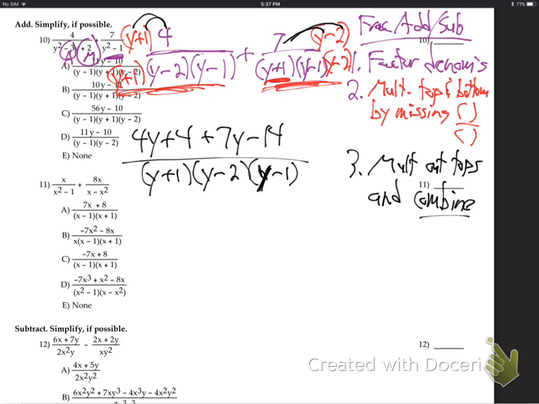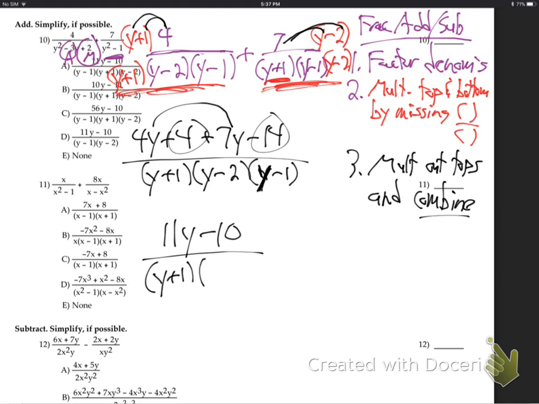Okay, combine now. 4y and 7y is 11y. 4 minus 14 is minus 10 over y plus 1, y minus 2, y minus 1. So where is that? Is that answer A? Yeah, it looks like answer A up there. I can hardly read it. Just a different order in the bottom. That's fine. The order doesn't matter. So that's it. Answer A.